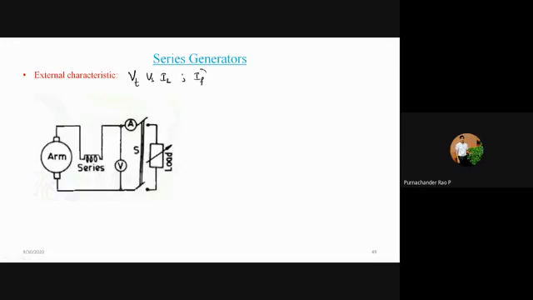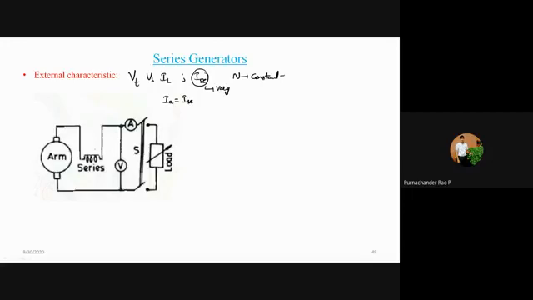For a series generator, IA is equal to ISC, the series field current. So the field current should not be kept constant here, because it is connected in series with the armature circuit, so you cannot keep it constant. It also varies, and your speed must be kept constant.